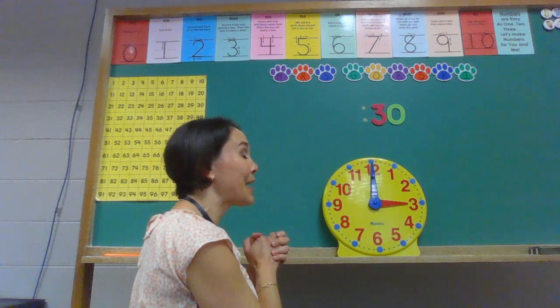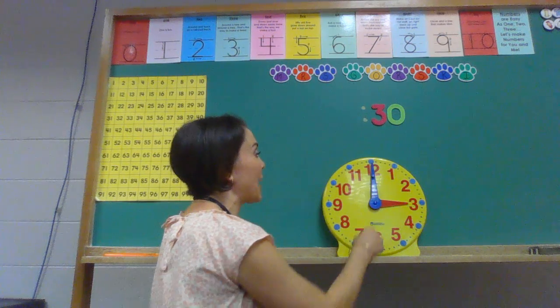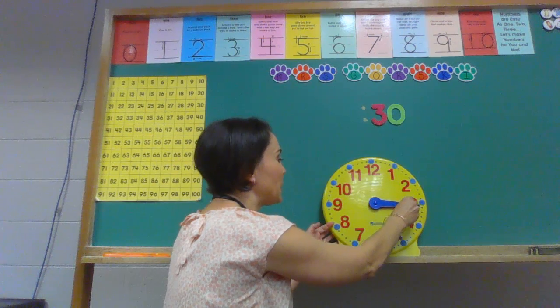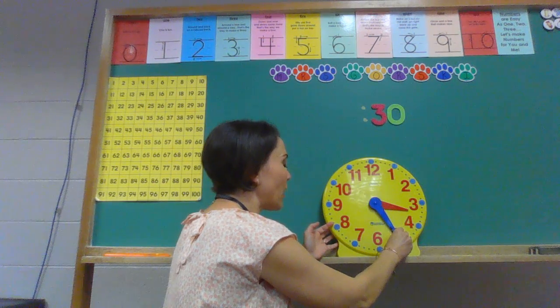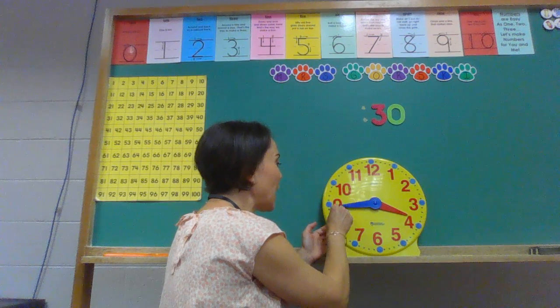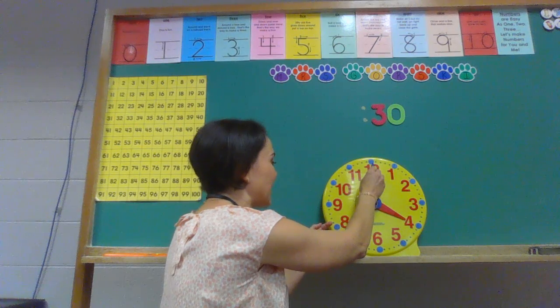So let's skip count again, so we know how to skip count by 5s on our clock. Ready? Let's do it again. 5, 10, 15, 20, 25, 30, 35, 40, 45, 50, 55, 60.